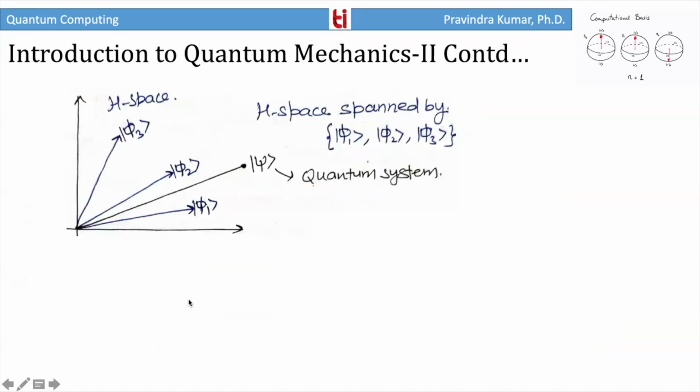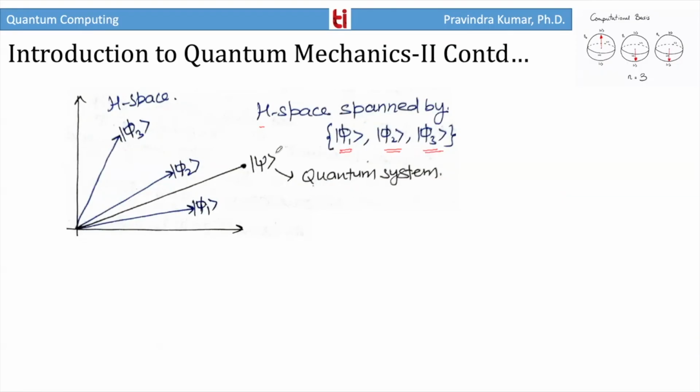Now in correspondence to three-dimensional space, there is the Hilbert space, and it is spanned by three bases phi 1, phi 2, and phi 3. Likewise, in the three-dimension system, a vector is represented by unit vectors i, j, and k. So here similarly, these are the quantum bases phi 1, phi 2, phi 3.